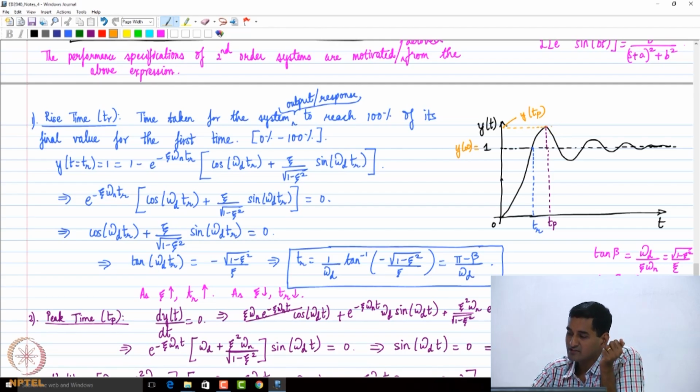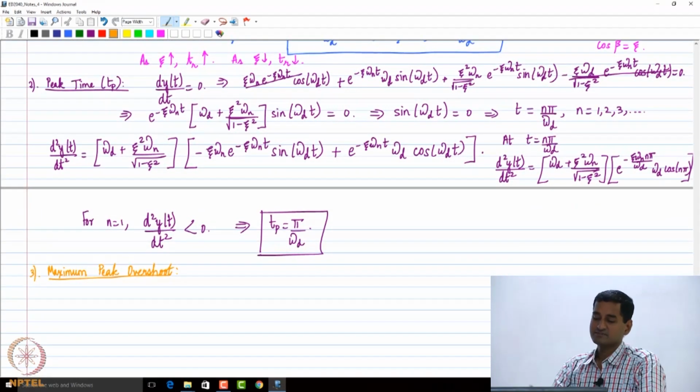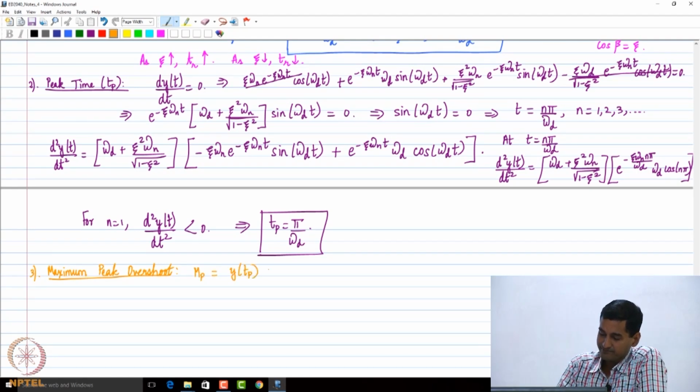So I should first look at this number: y at Tp minus y at infinity. That is the maximum overshoot that I am having. So this maximum peak overshoot MP is defined as y at Tp minus y at infinity, typically normalized by the final value and by and large indicated as a percentage measure.